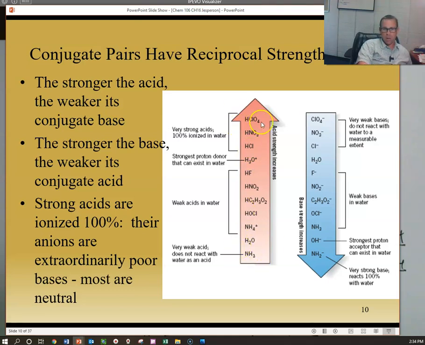So if you have a strong acid, you know that its conjugate base is a very weak base. If you have a weak acid, its conjugate base is going to be a very strong base. Because a weak acid doesn't want to get rid of the hydrogen very much. Okay, so we see that there's this relationship between the strength of an acid and the strength of its conjugate base.